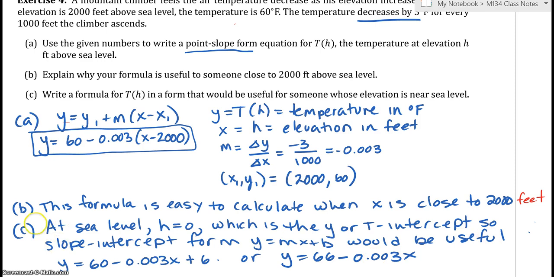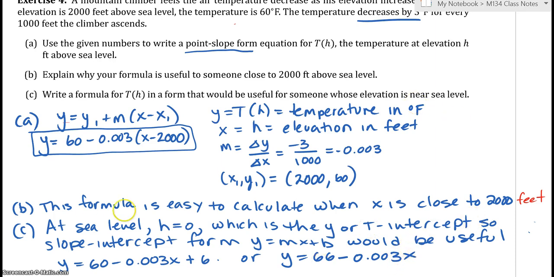So I rewrote this. At sea level, h is 0, which is the y or t-intercept, so the slope-intercept form, y equals mx plus b, would be useful. There it is. Why would it be useful? Because at h equals 0, it tells you that the temperature is 66 degrees, and things that are near sea level, that would be easy to calculate.